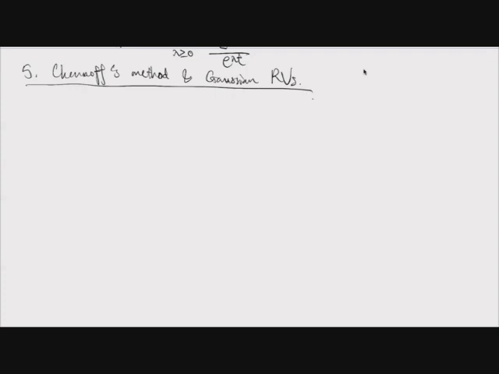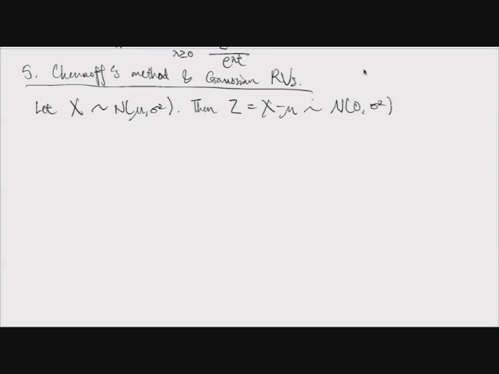So to start off, let X be a normal with mean mu and variance sigma squared. Then I really wanted the centered version of this, so I'm going to set z to be equal to x minus mu. And this is going to be normal with mean 0 and variance sigma squared.